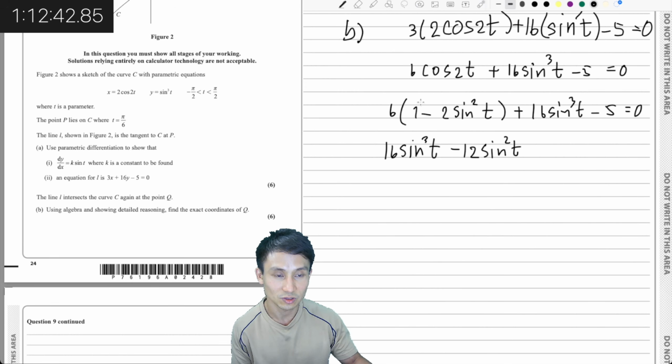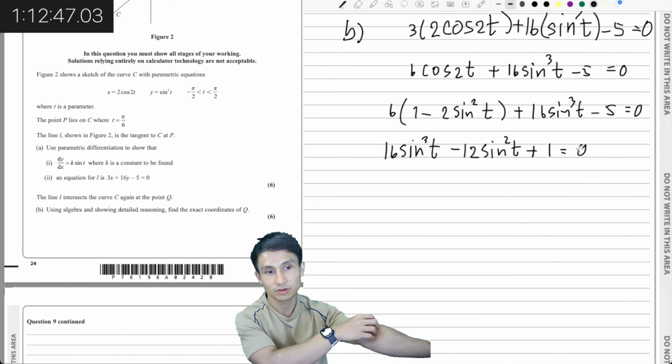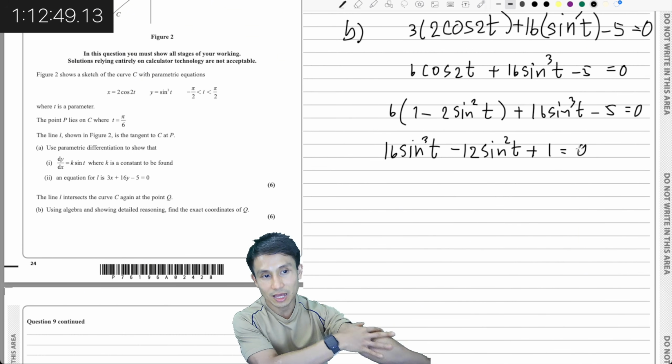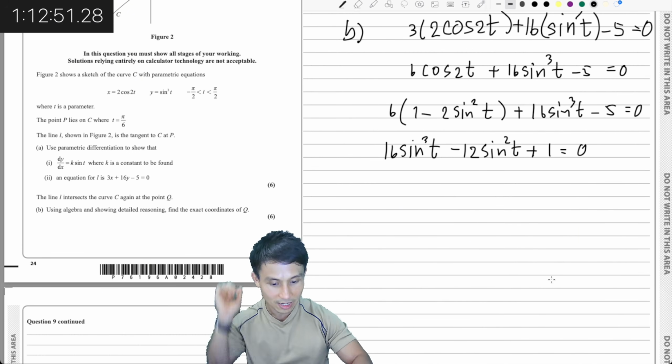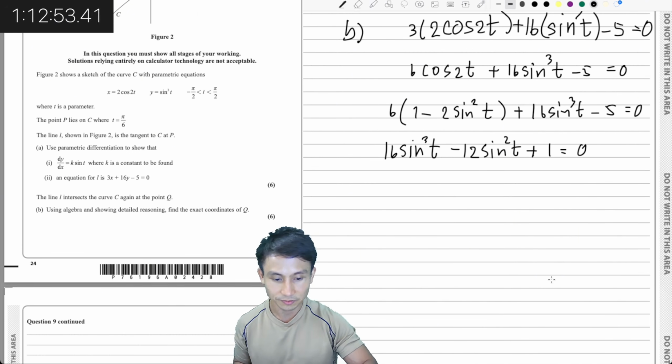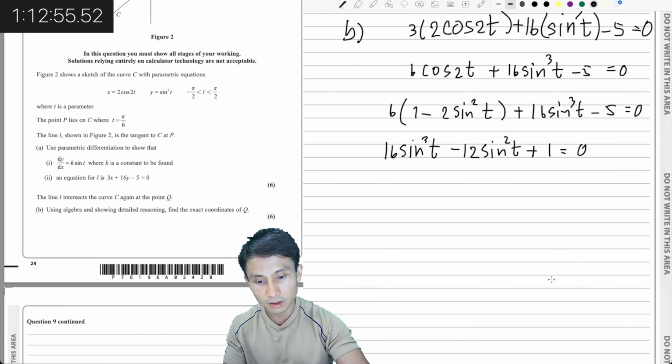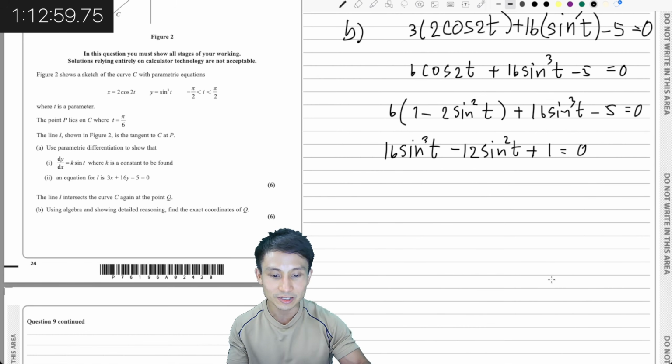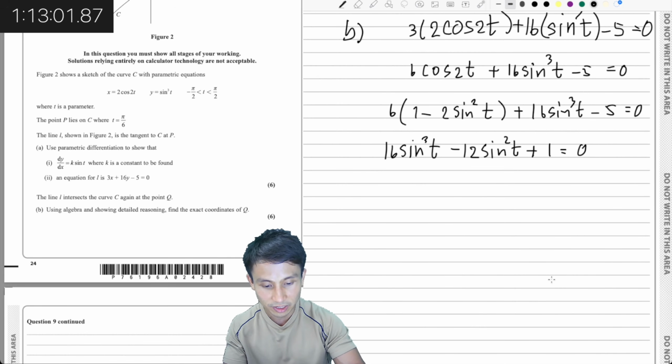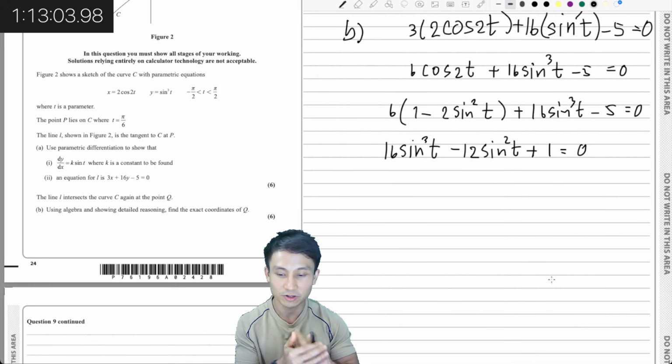So this is 6 minus 5. I get 1 equals 0. Let me check that again. I think I'm happy with that. And now I'm going to use Desmos to solve that, right? If you don't mind. So I'm going to let sine t be something, solve the cubic equation. So let's use Desmos first.